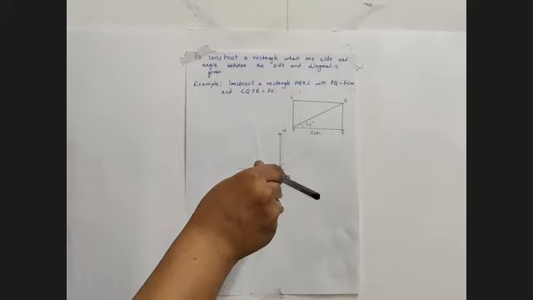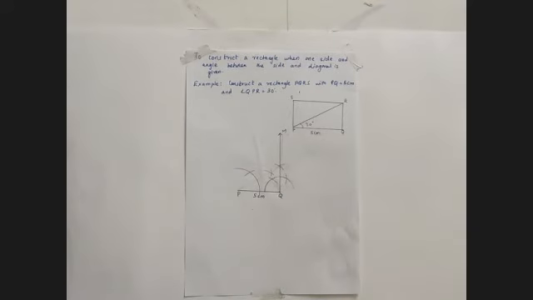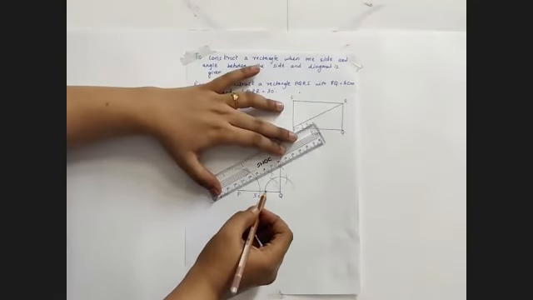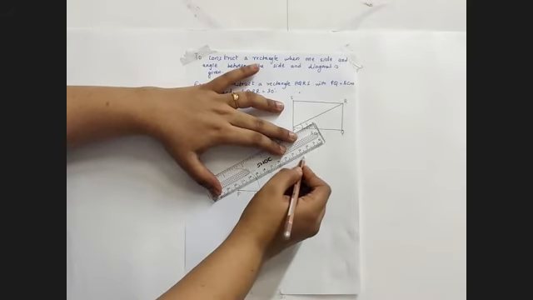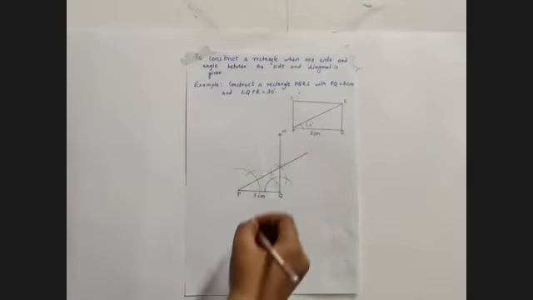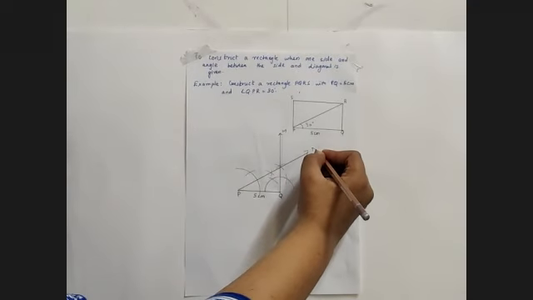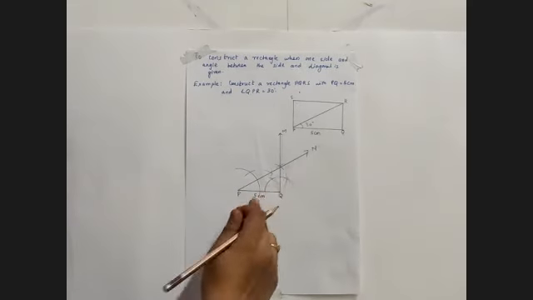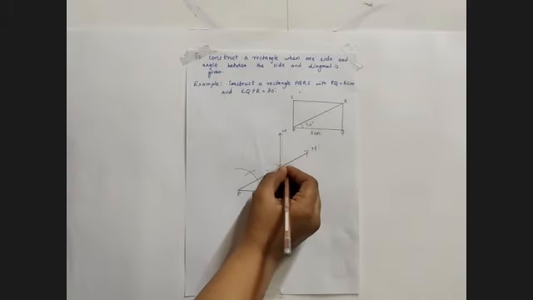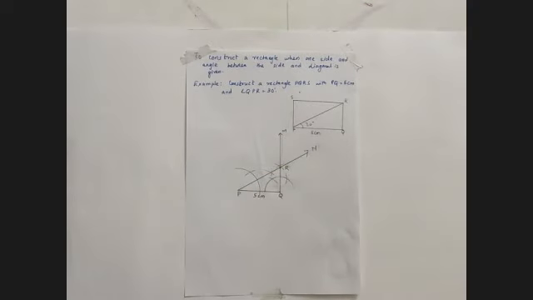This is how we bisect. So this will be my 30 degree. And the intersection of angle PQM and NPQ will be nothing but my third vertex R.